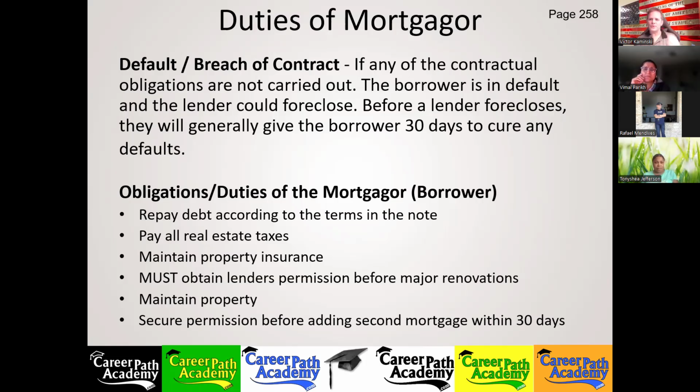How much money do you typically need to put down on a house using a conventional loan? Well, it's about 2%, 3%. I think it was 20%. And if you put down less than 20%, you need to carry private mortgage insurance.